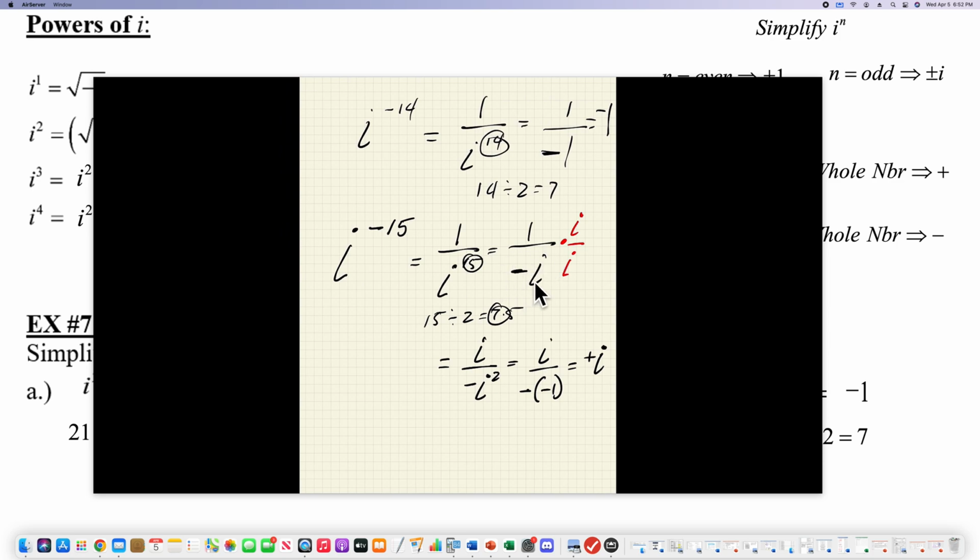Use the rule for the denominator, but then you're going to have to multiply it by an extra i over i. Well, that's going to turn it then technically into an even number. That would be like saying i over i to the 16th power. And that generates a positive 1. And there's your positive i. So this is the rule I would use if you have i to a negative odd power.